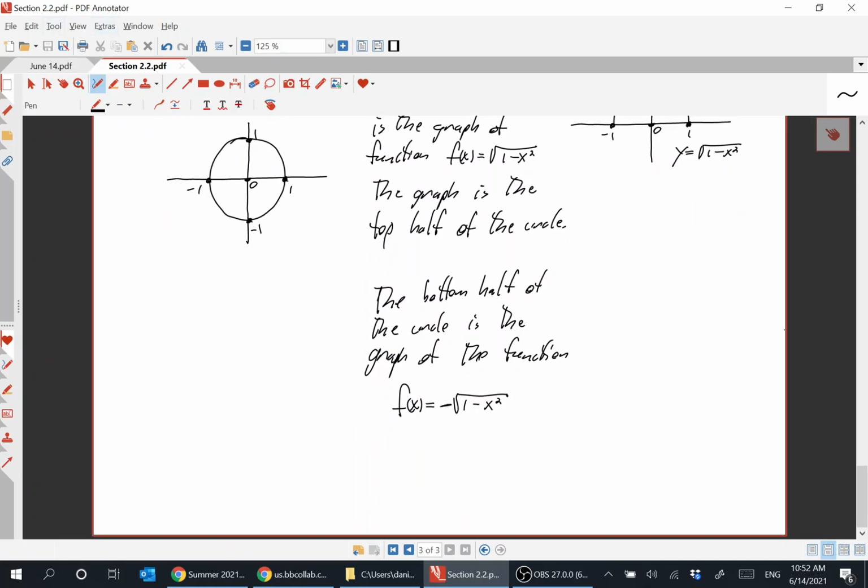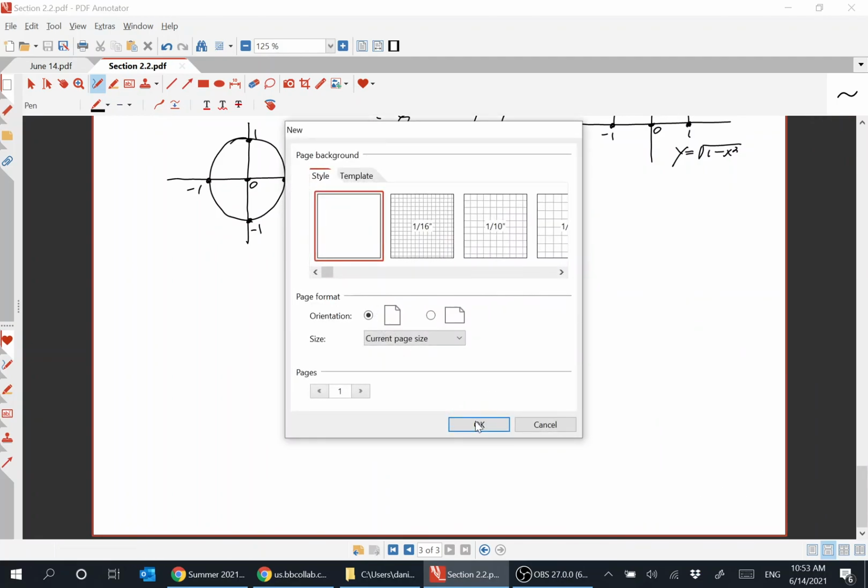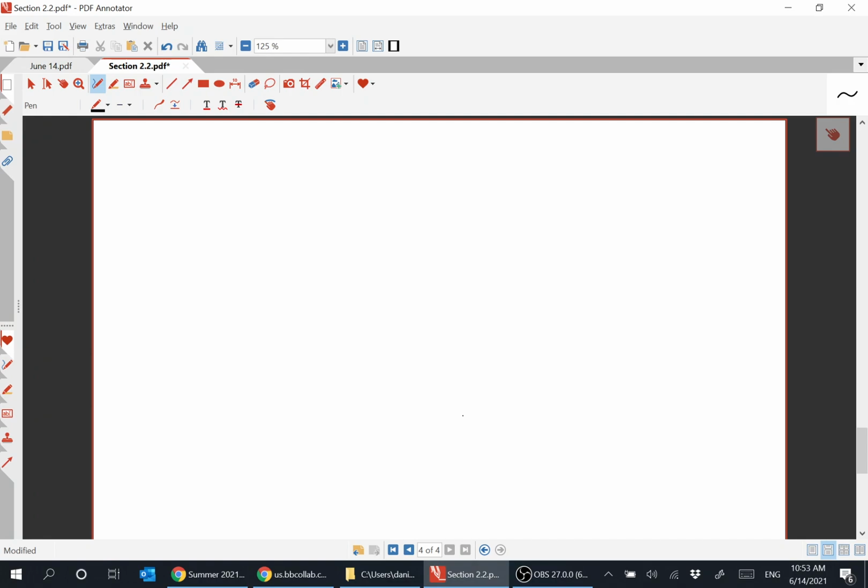Piecewise functions is the last thing I want to cover. That takes a little bit of thought at first. So graphing a piecewise function, just be careful of which piece it is you're graphing.